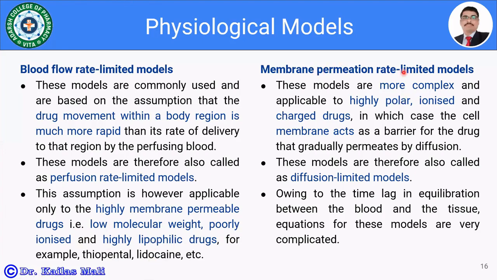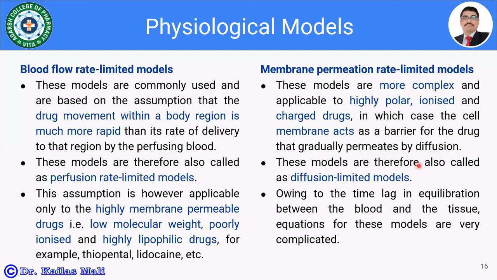And the membrane permeation rate limited models are very complex and applicable to highly polar, ionized and charged drugs, in which the cell membrane acts as a barrier and the drug gradually permeates by diffusion, and that's why it is said to be the permeation rate limited model.